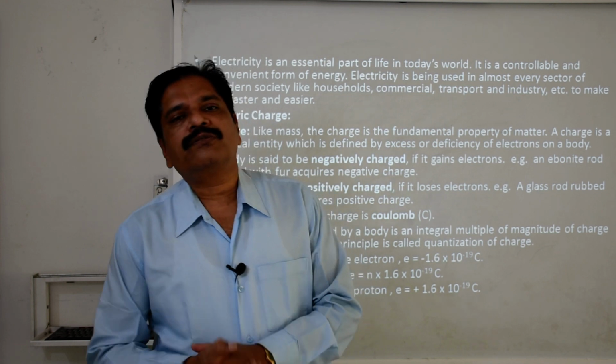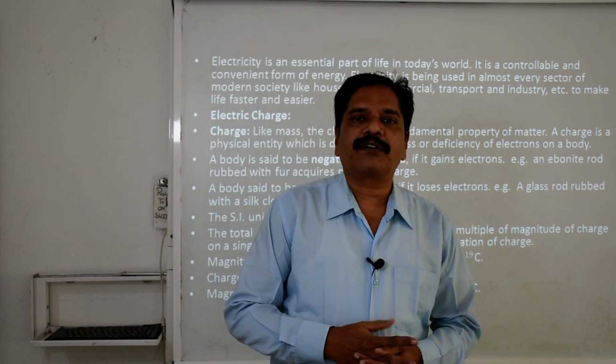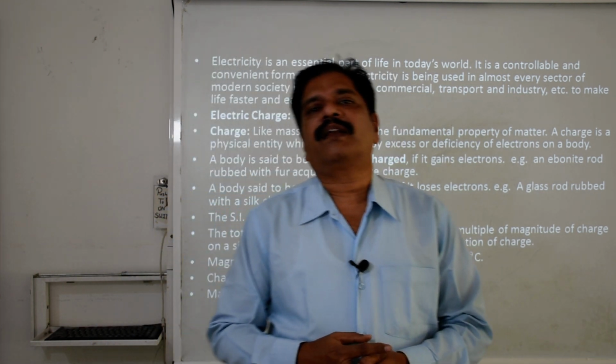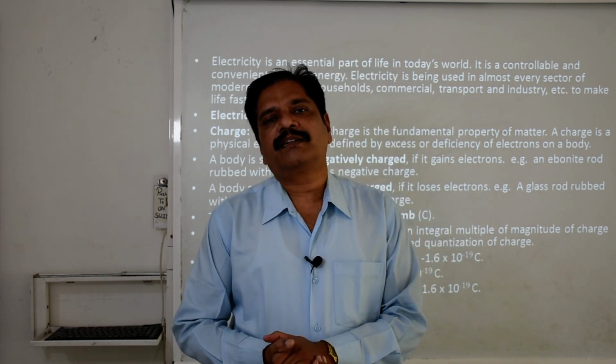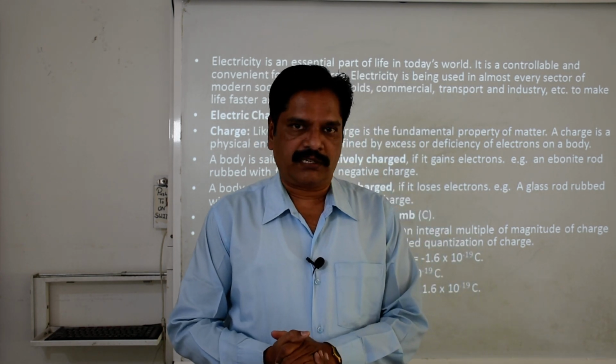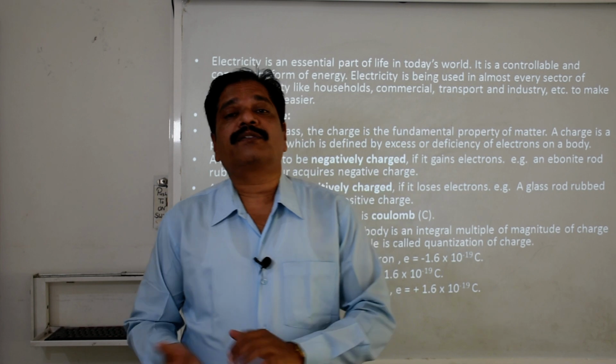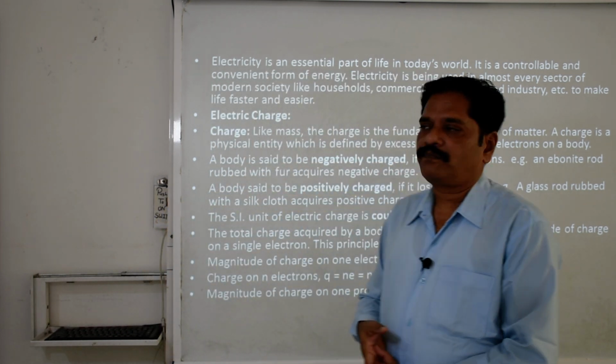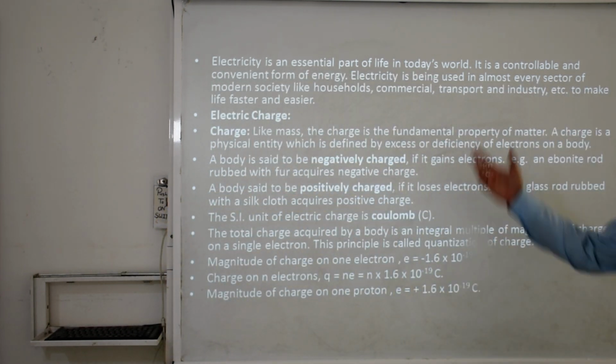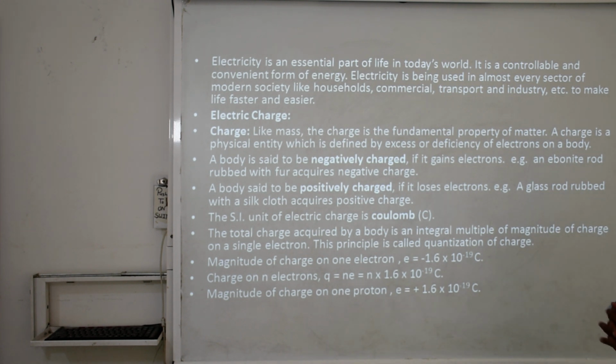So in today's discussion we will talk about the different aspects of electricity, or what we call electrical energy. It makes our life very easy, right? Electricity is an essential part of life in today's world, and it is a controllable and convenient form of energy.